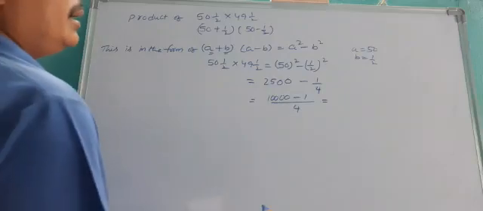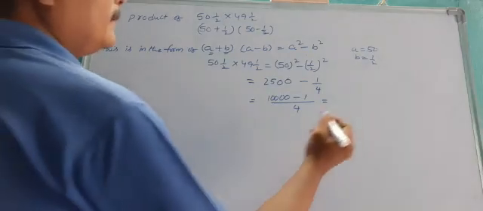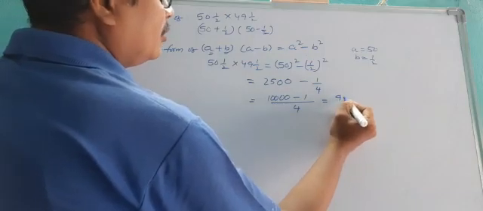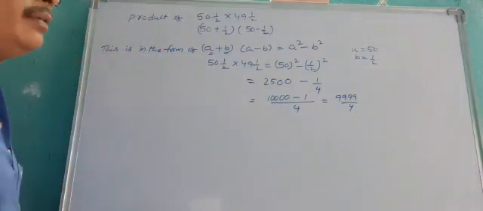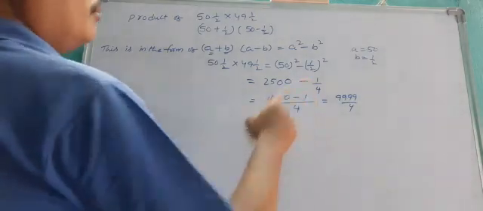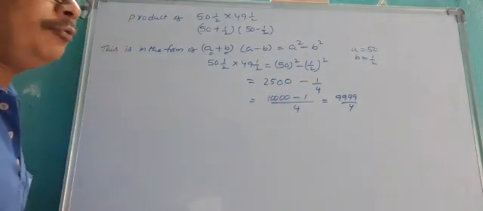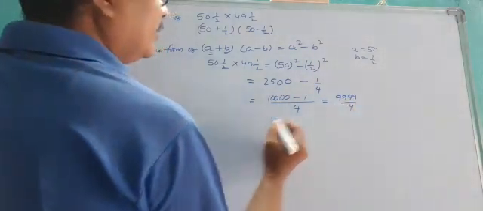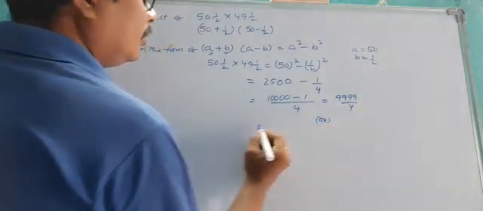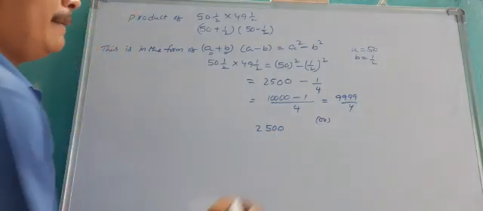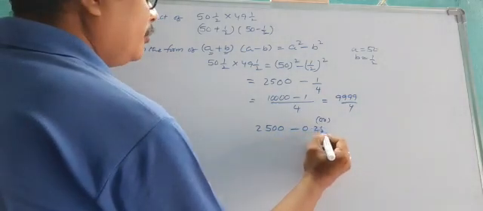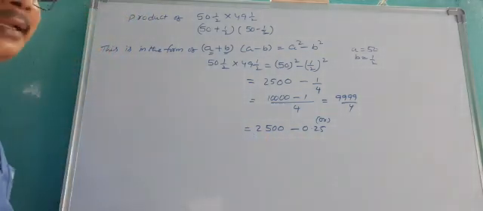Otherwise in simple way, 9999 by 4. Otherwise in simple way, 1 by 4 means 0.25. So 2500 minus 0.25. So this is the simple method.